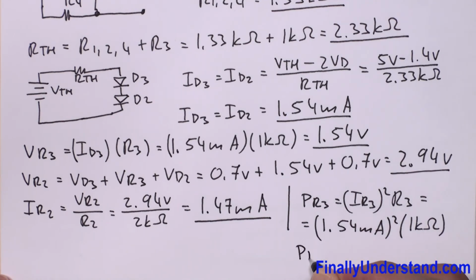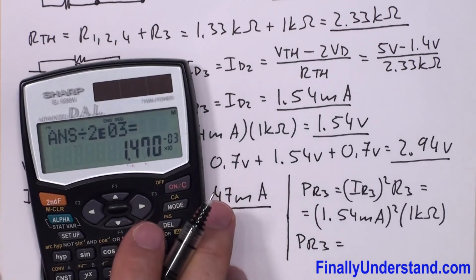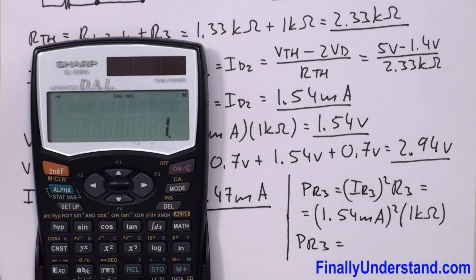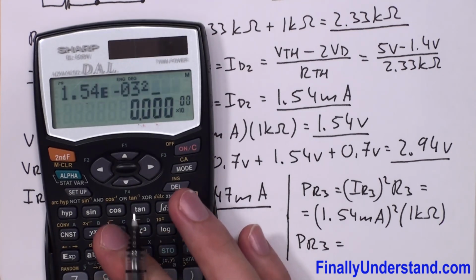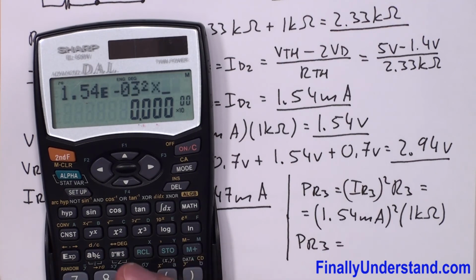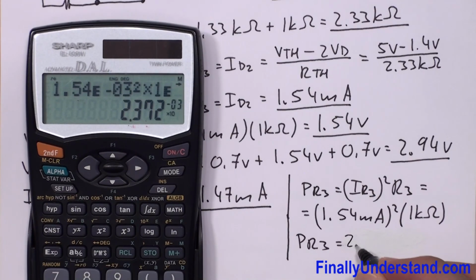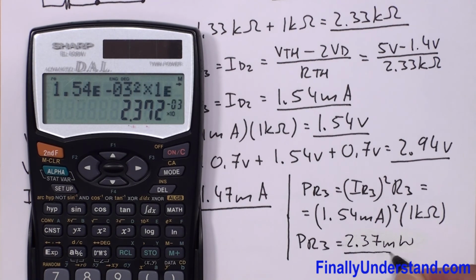So PR3 is equal 1.54 times 10 to the negative 3, squared, times 1 times 10 to the 3. This is equal 2.37 milliwatts, and this is the power at my resistor R3.